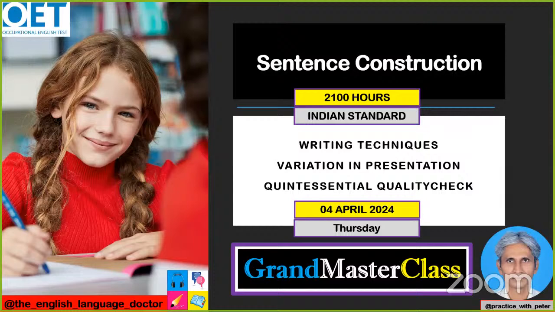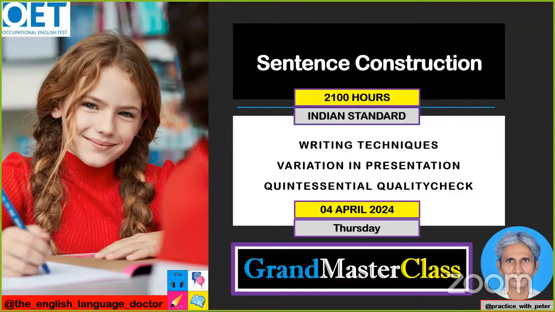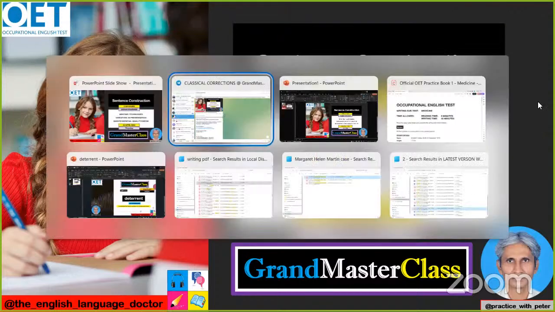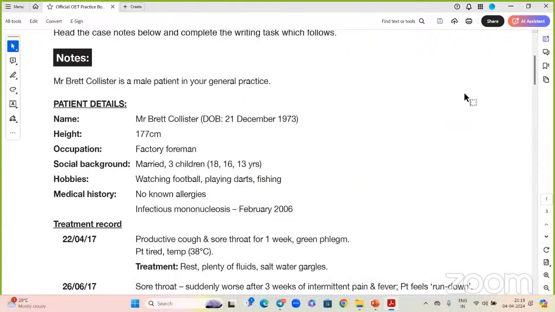Sentence construction. Let us go through some case notes. We are going to write sentences.